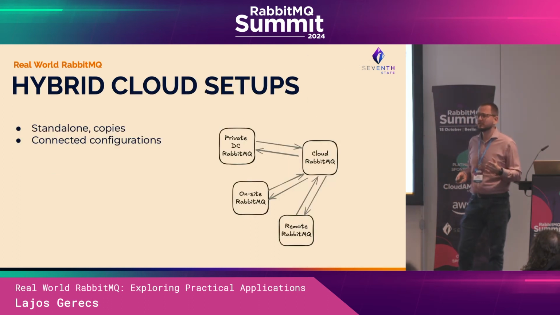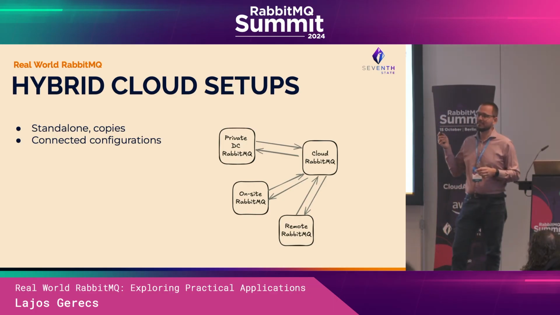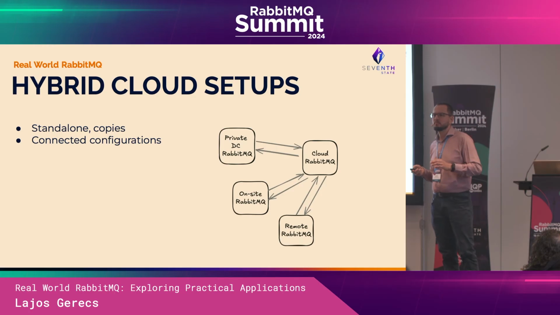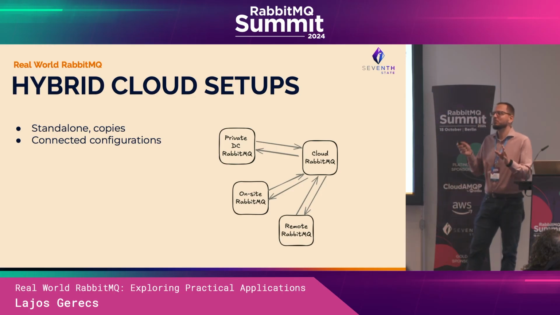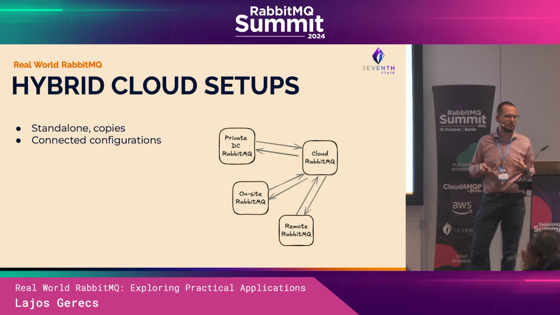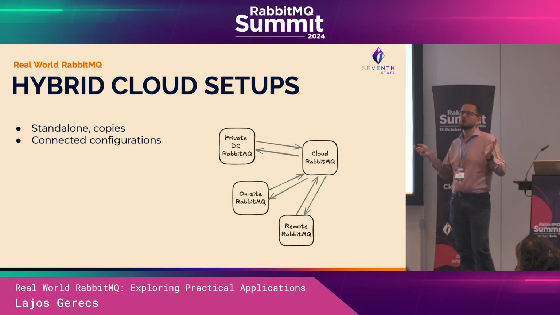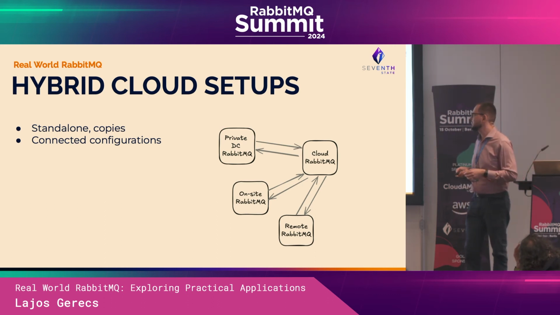What we see our customers do is these hybrid cloud setups. So we see two different ways of doing this. Some people deploy the same RabbitMQ all over the place. Imagine that you have an application and your customers are big companies or small companies, but they want to host the application on premises, and then you would just make 100 copies of the same RabbitMQ installation.